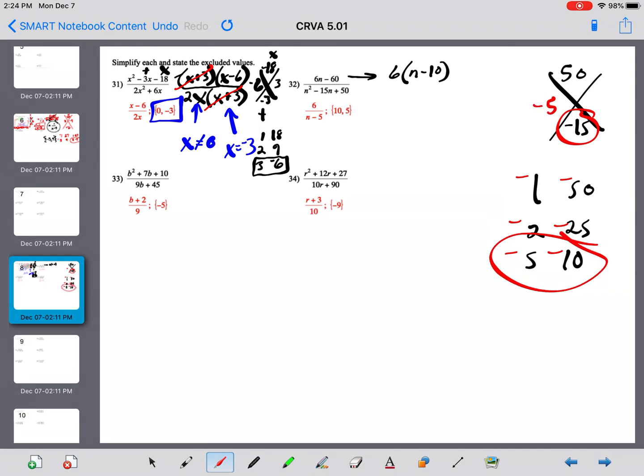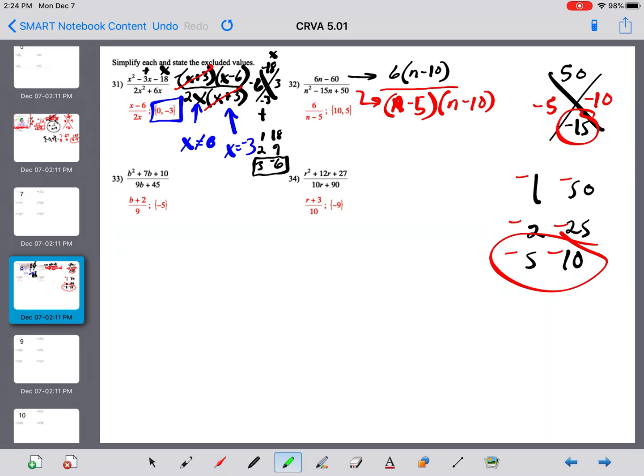So negative 5 and negative 10 multiply to positive 50 and add to negative 15. So we can factor this trinomial as n minus 5 times n minus 10.